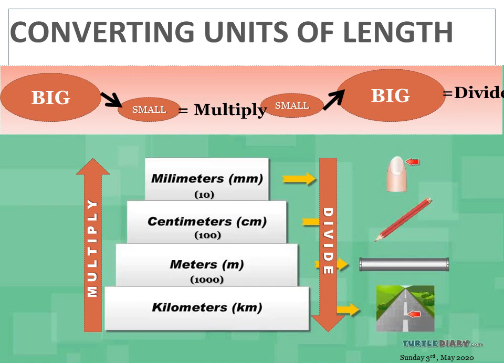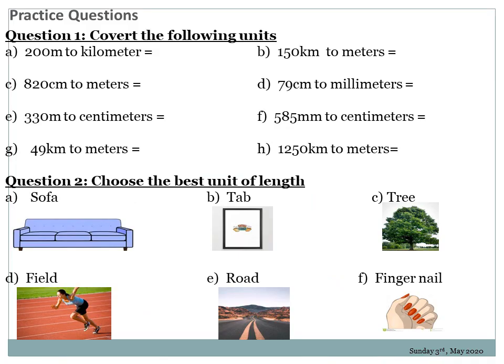Okay? Now, the next slide, we're going to be going over to our questions. So I hope you have your pencils and your books ready. All right. There's one more thing that I'm going to tell you before you answer these questions.